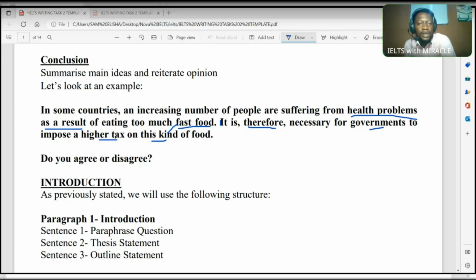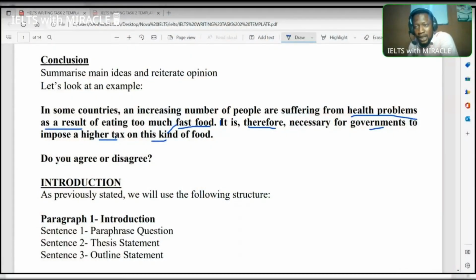So that's that I agree. Since I agree, what other point do I have? In some countries, for instance, I think in the US or the UK, there are certain things like alcohol and what have you on which higher tax has been imposed, and there has been massive reduction in the intake of such products.